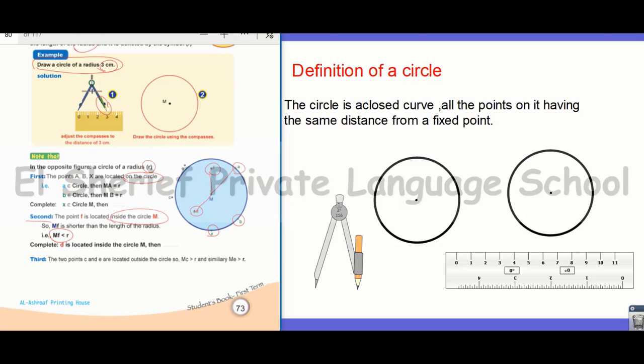So we have the third type. We have points located outside the circle.